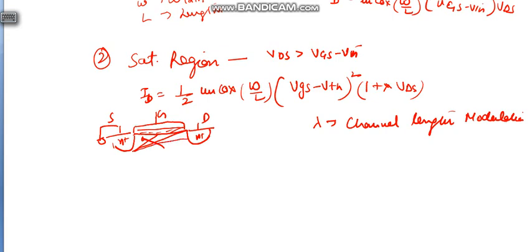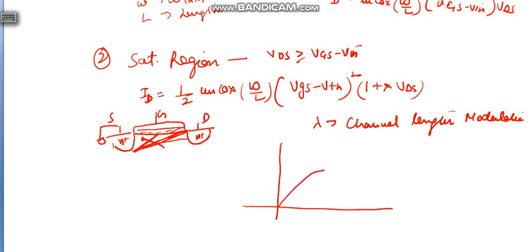Now when VDS equals, or you can say drain voltage equals gate voltage minus VT, our channel is tapered like this. Now further, if we increase drain voltage, our channel becomes like this, and because of this our current remains constant, and this effect is known as channel length modulation.